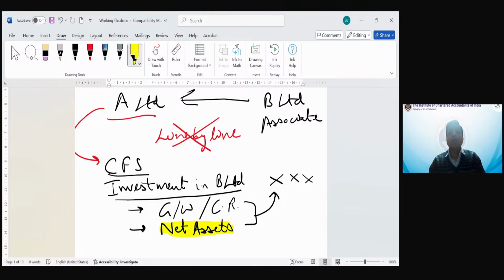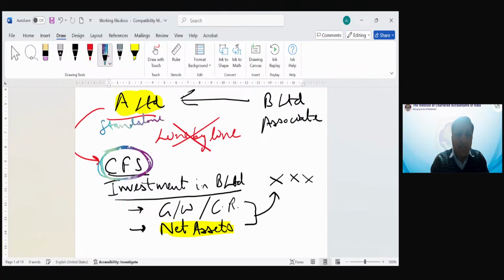Now, when you talk about recording of that dividend in the books of A Limited, A has already recorded it because it has been distributed and received by A. So we don't need to record it again. Currently, we are only looking at the part in relation to CFS, because recording of dividend by B Limited to A Limited has already taken place in the standalone financial statements of A Limited.